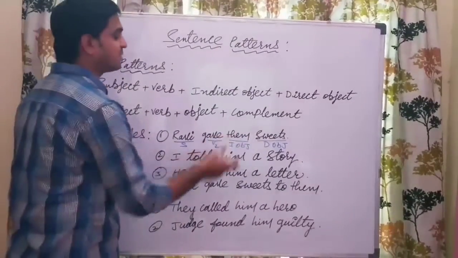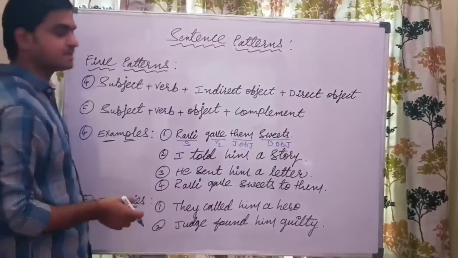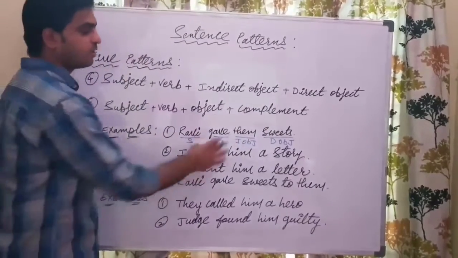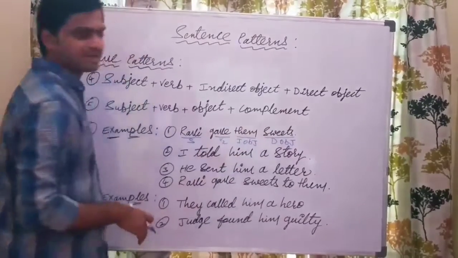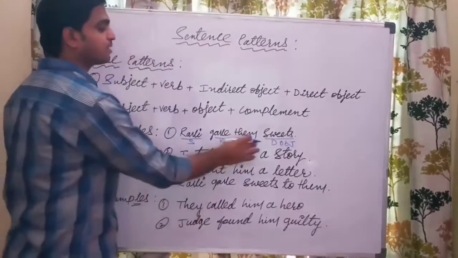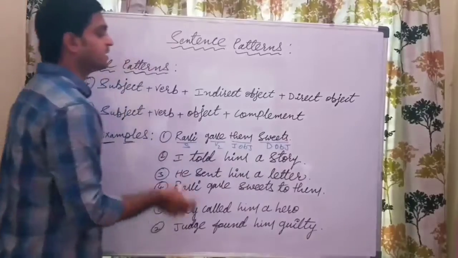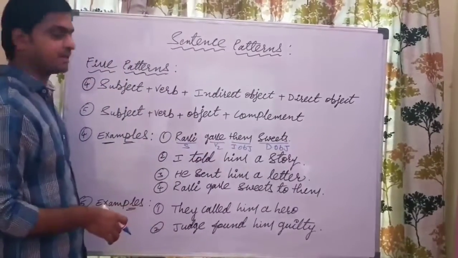It is not that necessary, because we are already getting the meaning of the sentence. Ravi gave sweets, we can tell. Without using the indirect object, them, we are also able to form the proper sentence. So that is the difference between direct and indirect object. The indirect object is temporary here, whereas the direct object is compulsory for giving the proper meaning of the sentence.